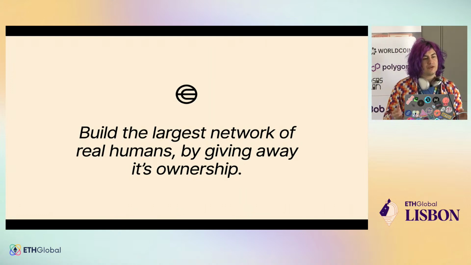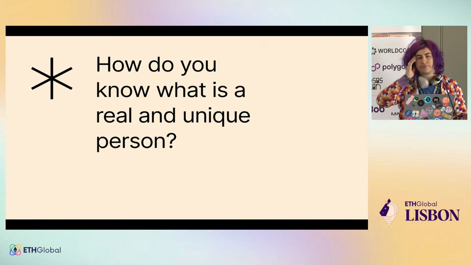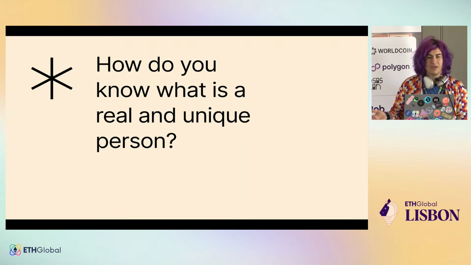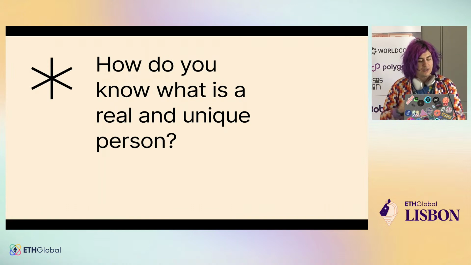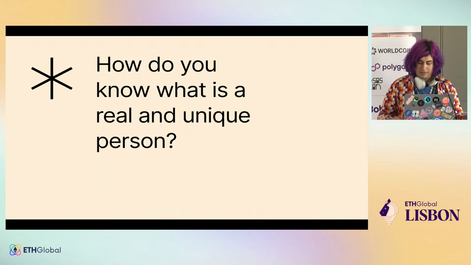Now, when we started this project, the first question that was really clear was, okay, how do you know what's a real and unique person? If you want to give something away for free, people are going to try to game that. And if someone does, that kind of ruins it for everyone. So how can we ensure that you are a unique human and you haven't claimed whatever it is that we're giving away yet?